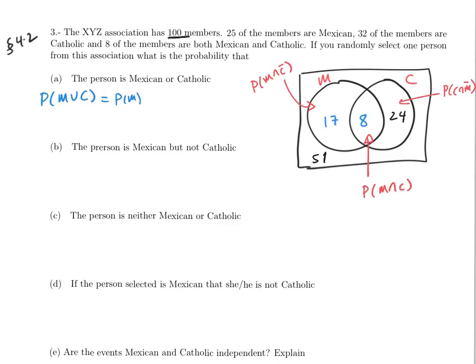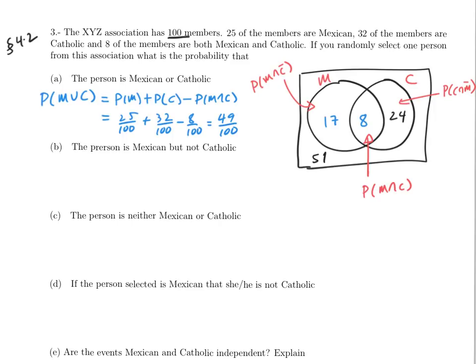It says Mexican plus Catholic minus Mexican and Catholic. This is 25 over 100 plus 32 over 100 minus 8 over 100. If you add all of them, that will give you 49 over 100. You can also notice that if you add this plus that, it will give you exactly 49. So the happy face is just the addition of these 3 parts. So you can see it that way too.